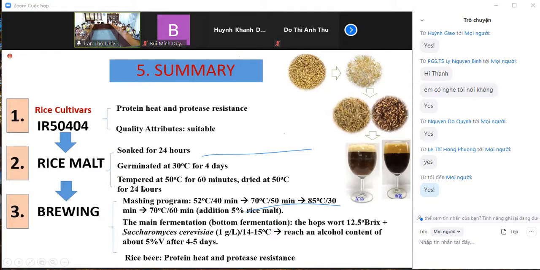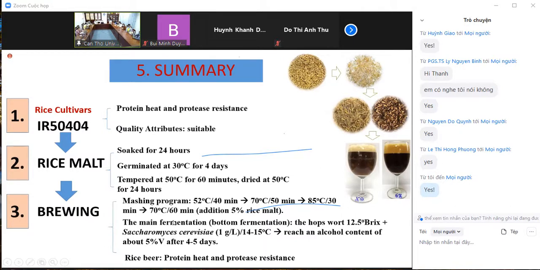Mashing is modified from the Congress mash, and the main fermentation of the wort with Saccharomyces is at 15 centigrade degrees, reaching alcohol content of about 5% volume after 4 or 5 days.